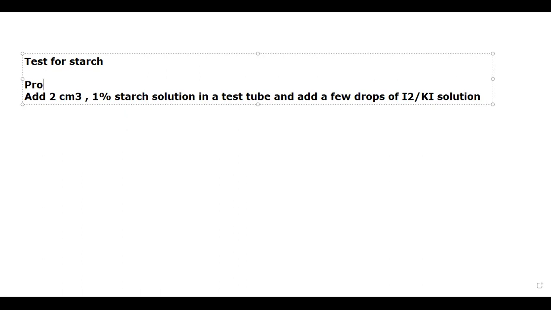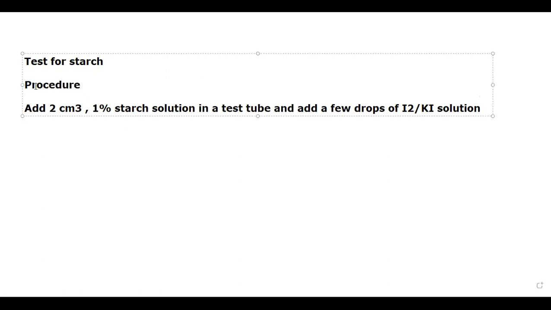What is the procedure? You need to take 2 cubic centimeter of 1% starch solution in a test tube. As I told you, in the laboratory, you have starch powder.